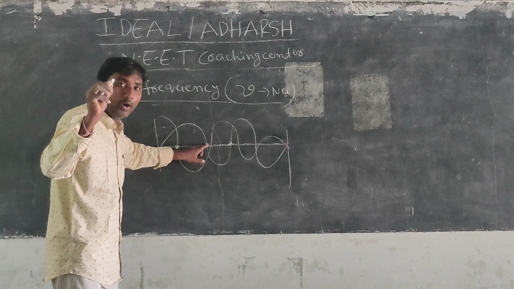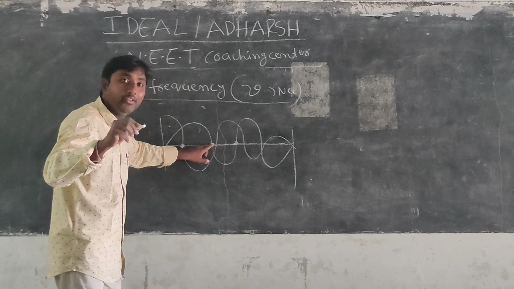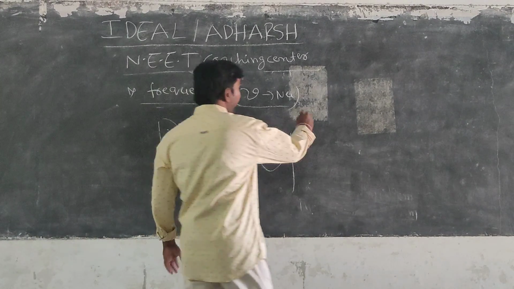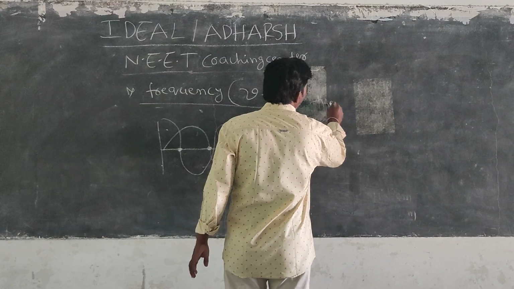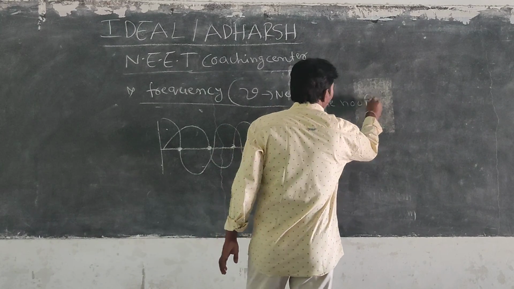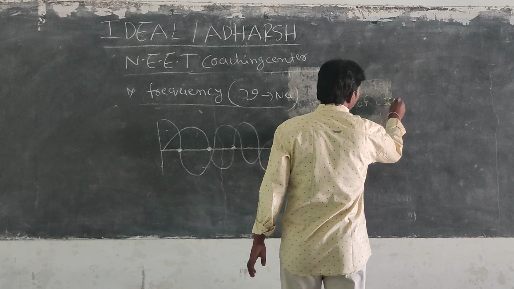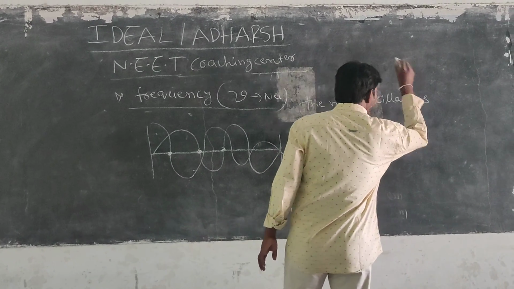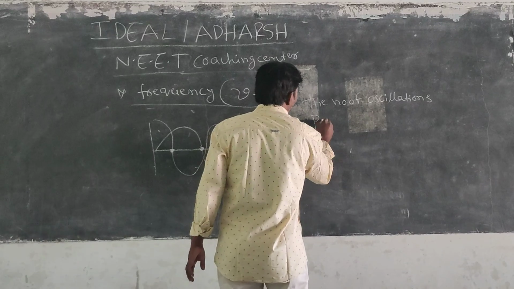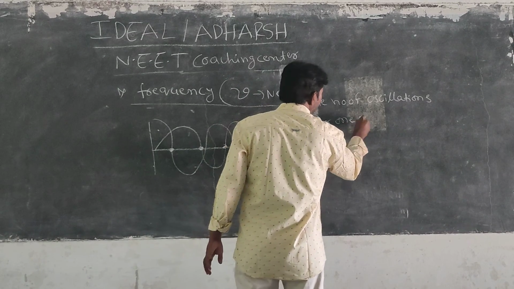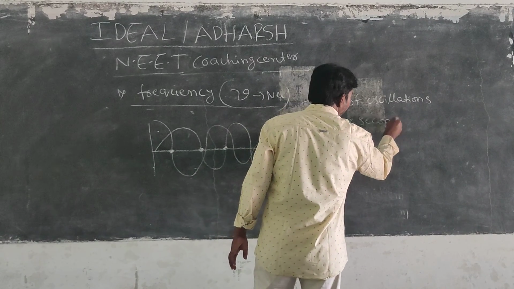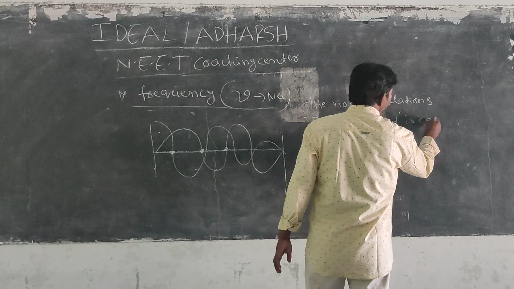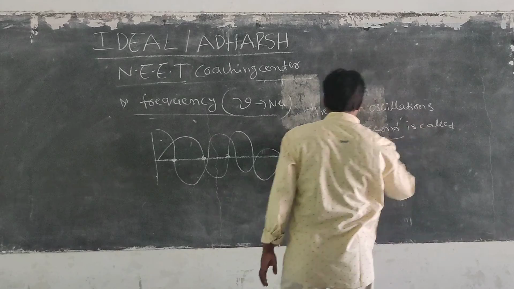The number of oscillations in 1 second is called frequency. That means the number of oscillations per 1 second is called frequency.